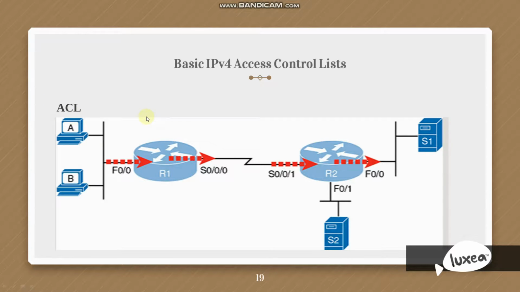In the picture, if we enable it on router 1, inbound on FastEthernet 0/0, router 1 would compare every inbound IP packet on F0/0 to the ACL to decide the packet's fate: unchanged or to be discarded.